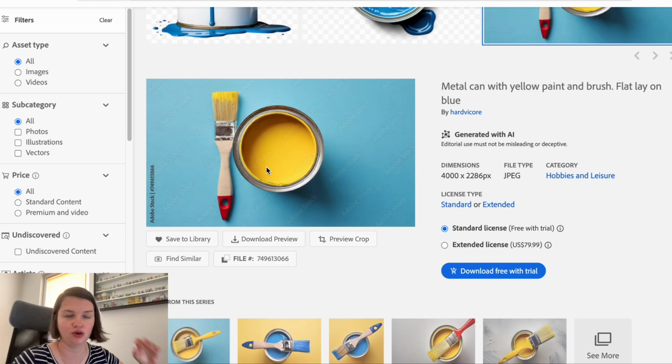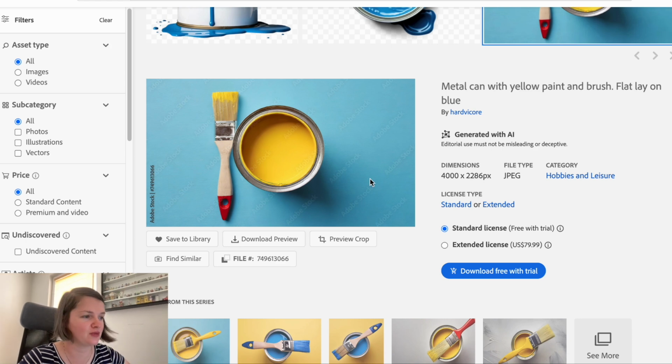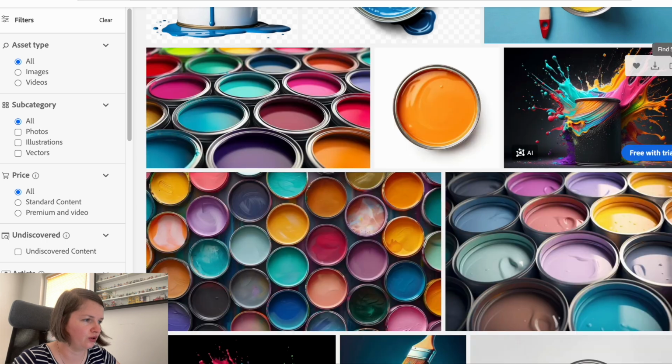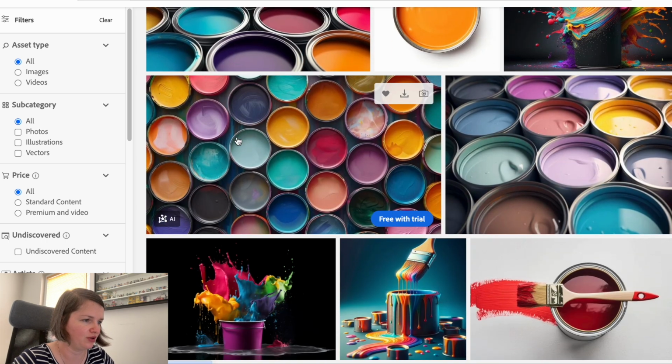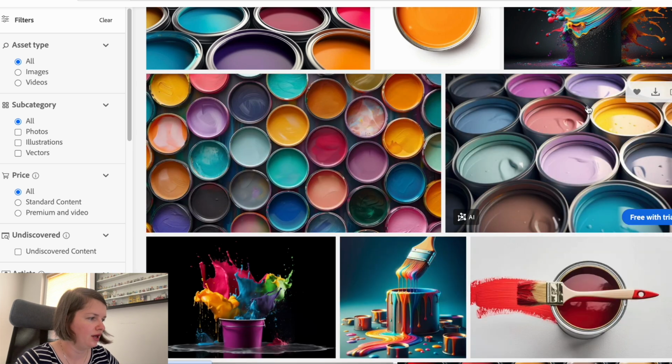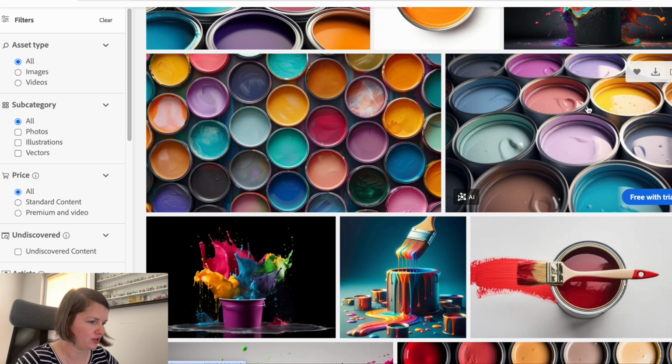You can do an image with copy space by placing these to the side, it would be even better. And this is how it should look, a good commercial image. Or for example, this. It's colorful, it's pretty, the cans are generally not dirty. This is what I would want to buy if I was looking for this kind of images.